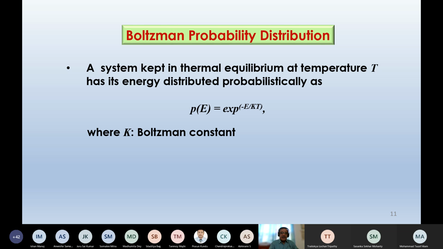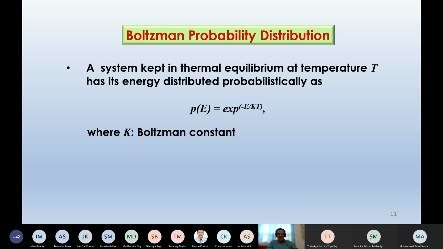K is 1. So what will happen to E divided by capital T? Capital T is going to be reduced, so E by T is going to increase. But there is one negative sign here. That means 1 divided by e raised to the power E by KT, and E by T is going to increase. So what will happen to the probability? The probability is going to be reduced.